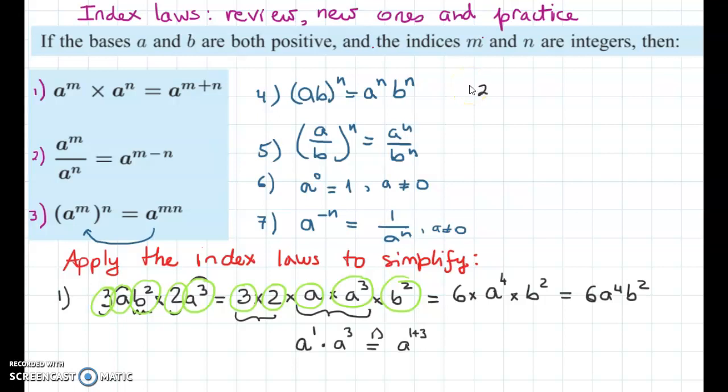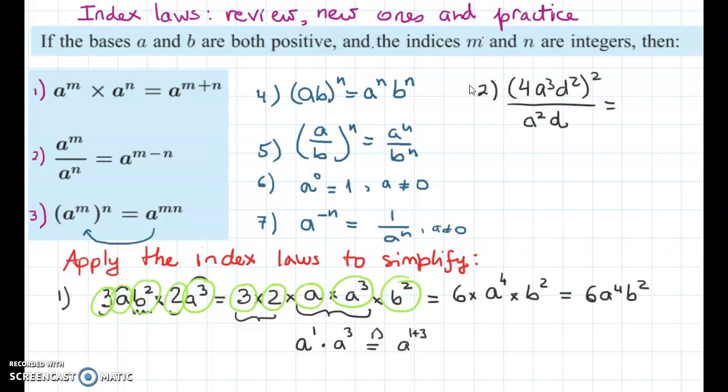I'll write example 2 here on the side. We have 4a cubed d squared, all of that squared, and divided by a squared d. Okay, well, the first thing I'm going to do to simplify this a little bit is to get rid of the bracket square on the numerator.